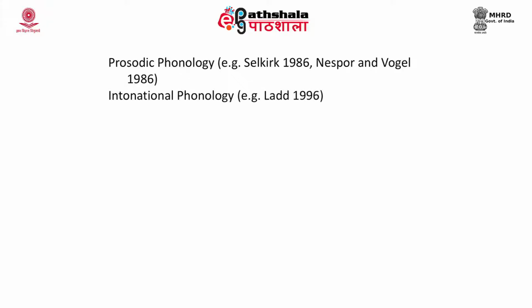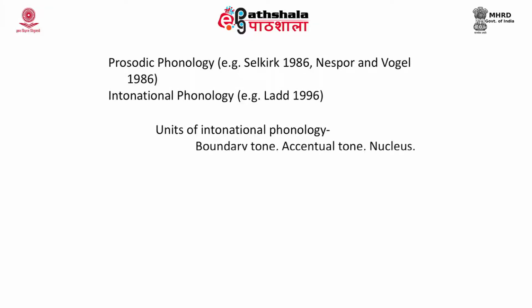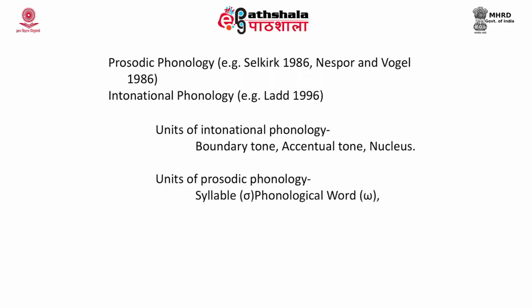Prosodic phonology, mainly proposed by Elizabeth Selkirk 1986 and Nespor and Vogel 1986, has its own units such as the syllable, the phonological word, phrase, intonational phrase, and these are used in prosodic phonology alone.